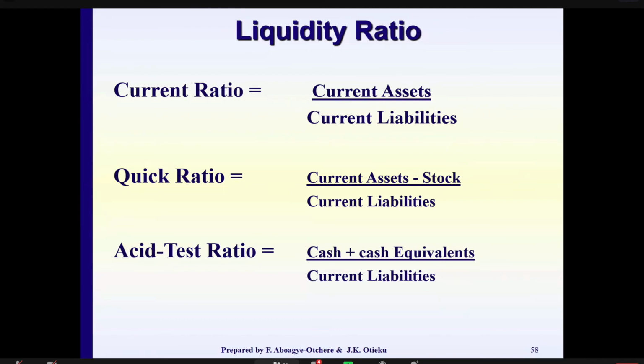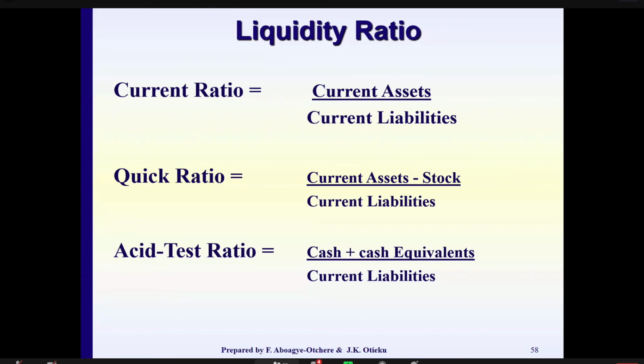So even though it will be a mark of liquidity, it will also show that you are inefficient. The assets are not being used. So when the ratio is low, it's bad. When it's too high, it is bad. When it is low, it means that you are illiquid. When it is high, it means that you are liquid. When it's too high, it shows that you are inefficient.